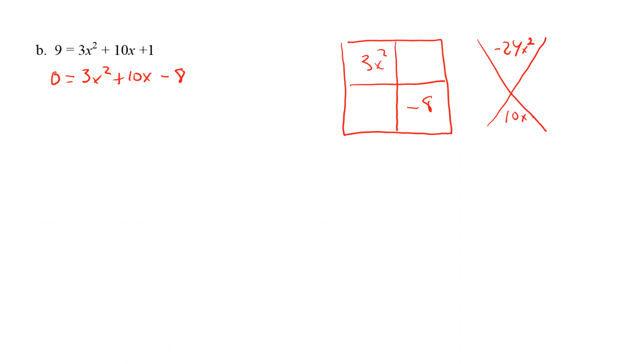Now if you forgot how to do this, remember we look at our factors: 1 times 24, 2 times 12, 3 times 8, 4 times 6. And so we're either looking at adding these or subtracting them. Because this is a minus, we're going to subtract these, and we're looking for our factors to add up to 10x.